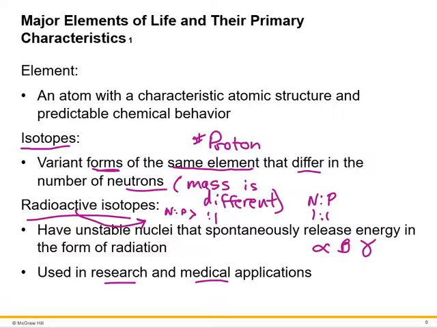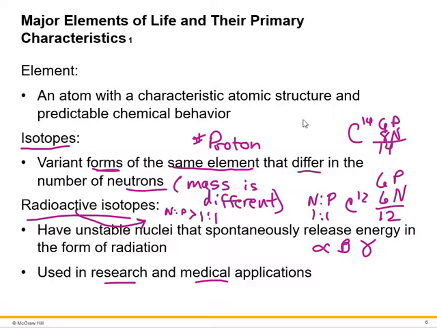If you notice, carbon has 6 protons and 6 neutrons, and so its mass is 12. The carbon 12 atom has this 1-to-1 ratio, but carbon 14 has a mass of 14, so it has 6 protons because it's carbon, but it has 8 neutrons, and so that's why it has a mass of 14.